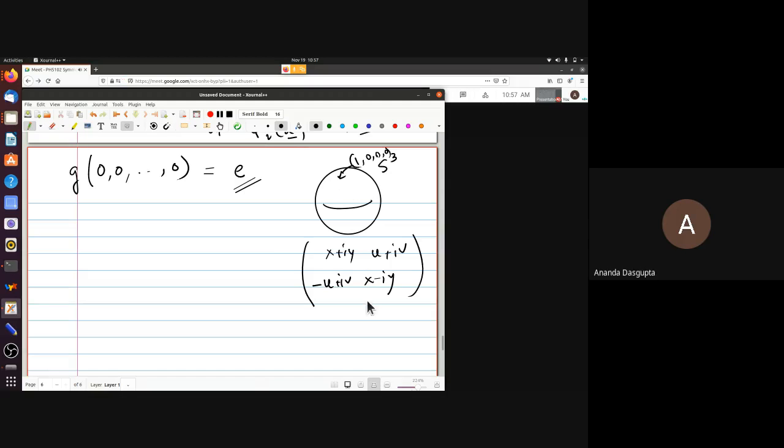The identity for this parameterization became 1 0 0 0, not 0 0 0 0. However, you can easily reparameterize by writing x as 1 plus x prime, and use x prime, y, u, v as your parameters. Then x prime equal to 0 corresponds to x equal to 1, which means for the new parameterization this point will be 0 0 0 0. Is that clear to everybody?